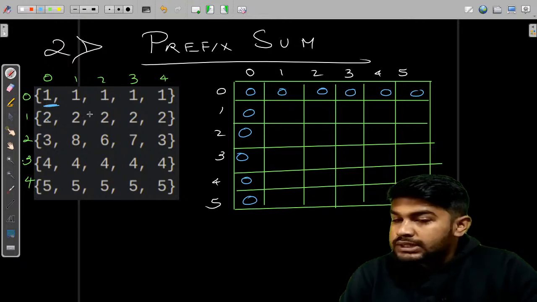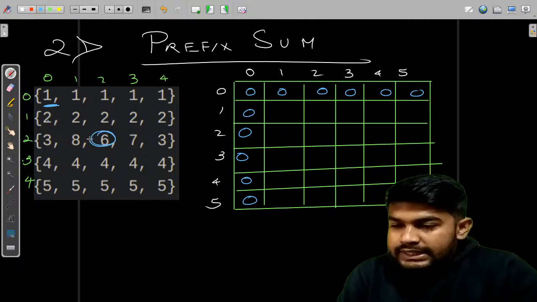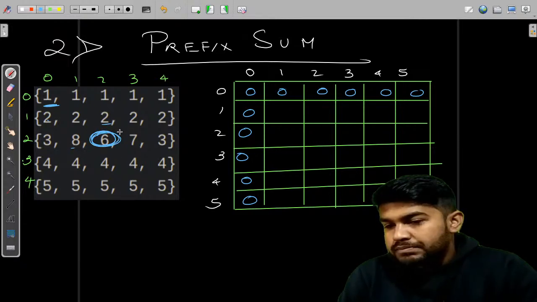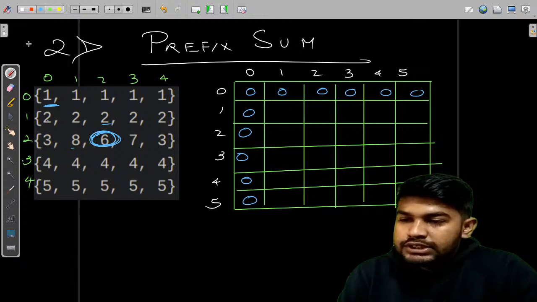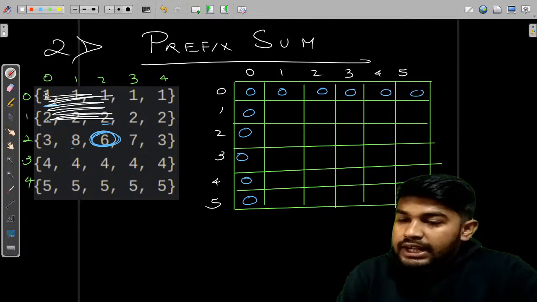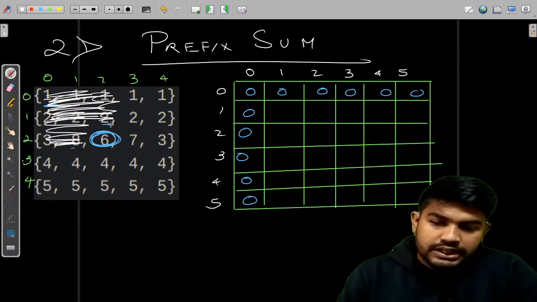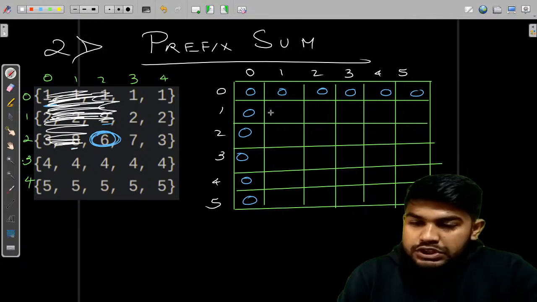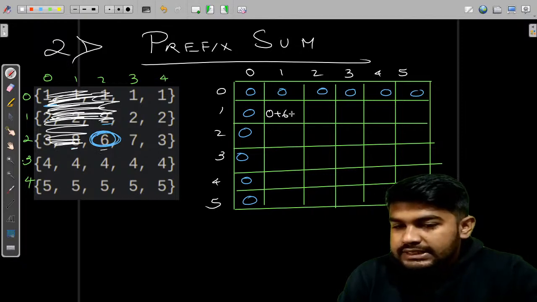So suppose we want this sum to be added, and we already have these two sums. So what we can do is take up the sum of all these, and we can again take up the sum of all these. But first let us do this plus this. Okay, so 0 plus 0 is equal to 0. 0 plus the same value itself, 6.